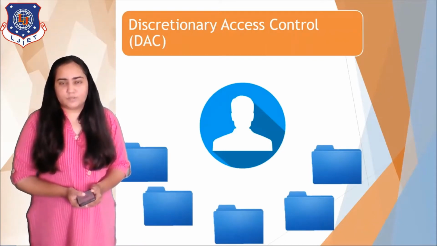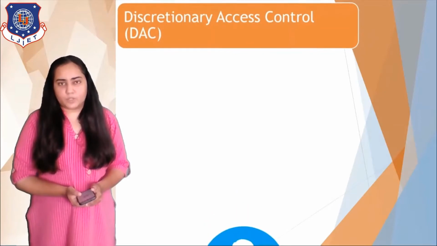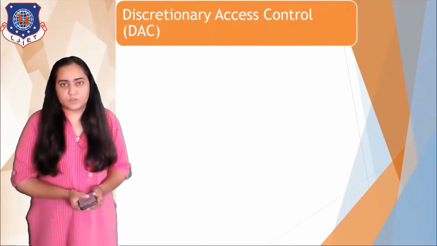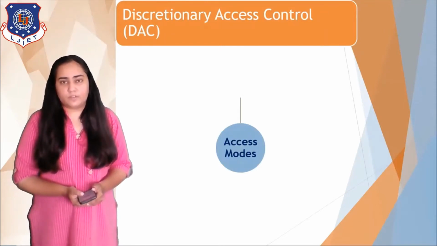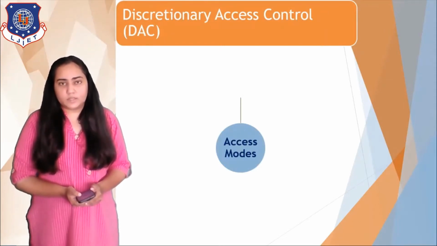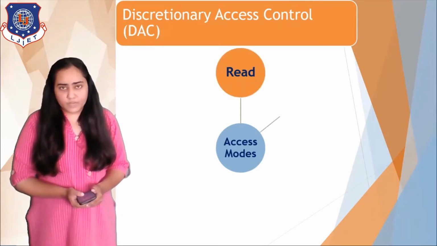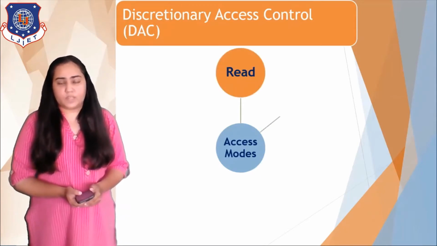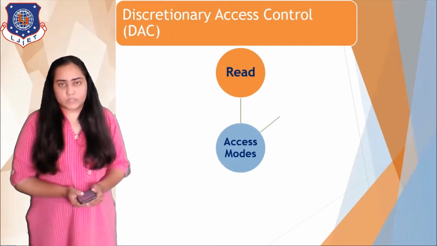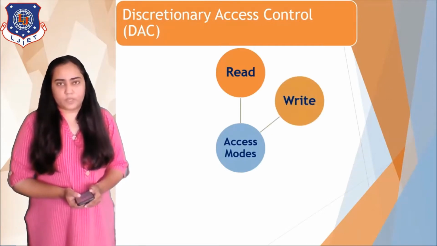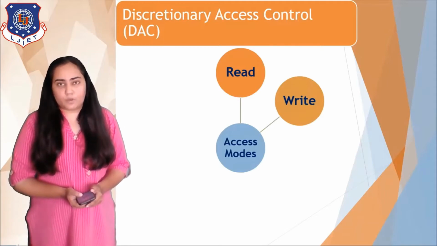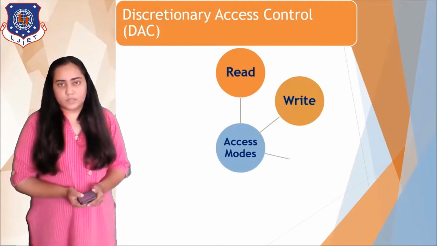Let's see what are the different types of accesses which can be provided for discretionary access control. The different access modes are, the first one is the simple read mode. This is where the user can only read different things from the file. Then there's the write mode, where the user can only write something into the file.